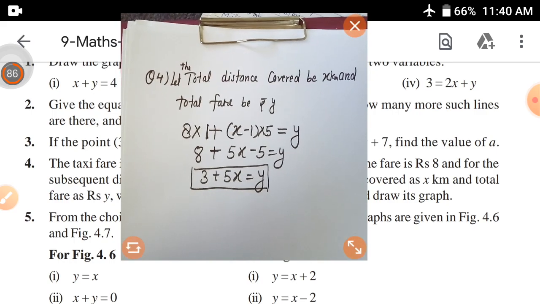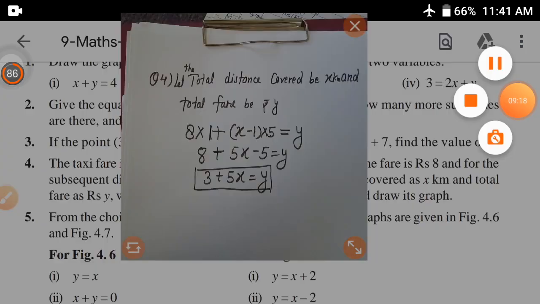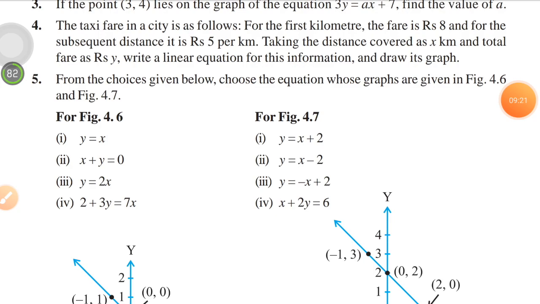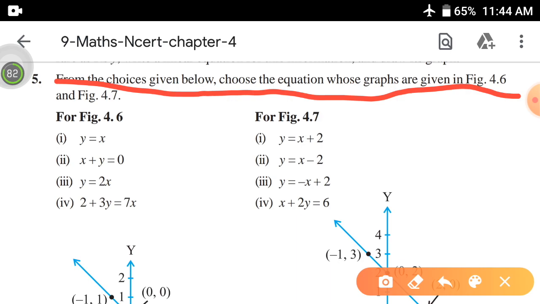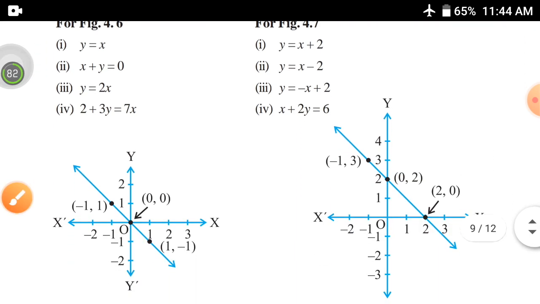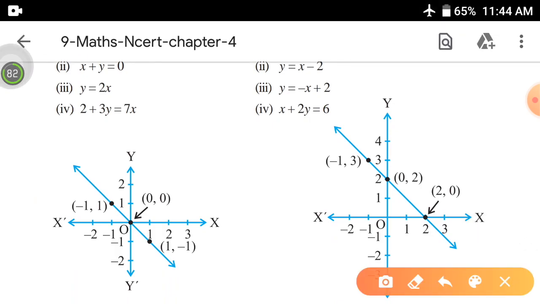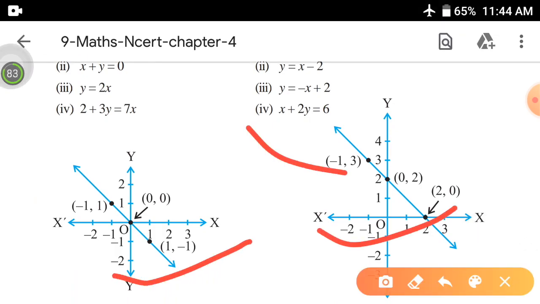Now move to the next question, question number 5. I am going to read the question. From the choices given below, choose the equation whose graph is given in the figure. That means in this question there is one graph. You can see that for the first question this is the one graph and this is the second graph for the next question.